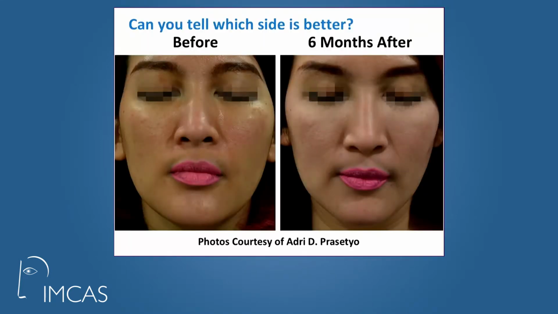So let's see the result. Can you tell which side is better? This is before and this is 6 months after. In my opinion, I don't see any significant difference between the left and the right 6 months after. Definitely, I can appreciate some results in the area where I introduced the needle and the thread, or just the needle, with some new collagen.